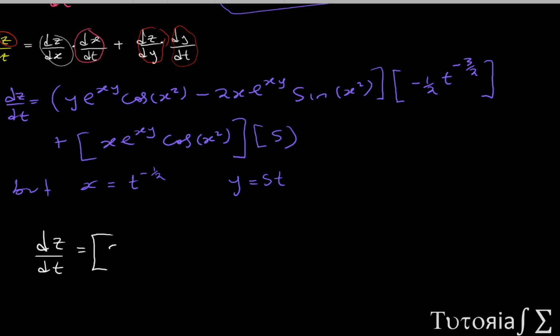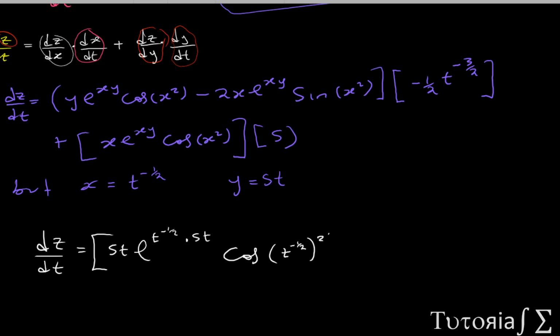Then e raised to the power x times y, where x is t to the negative half and y is st. Then cos of x squared, so x squared will be t to the power negative half, then squared.